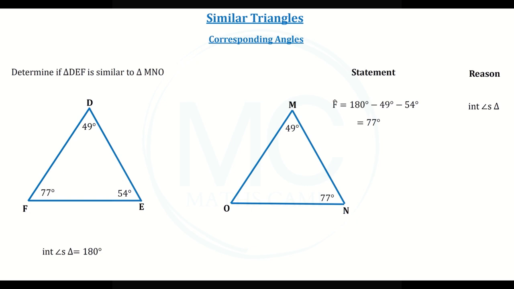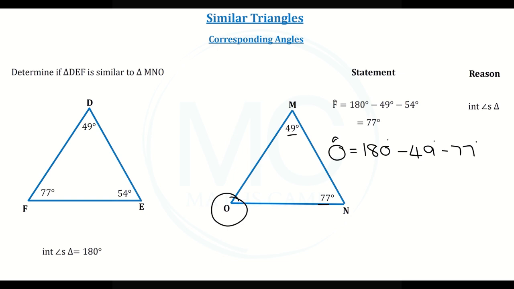Now let's find angle O. In triangle MNO, we have an angle of 49 degrees and an angle of 77 degrees. And we can use this to find angle O. So we can say angle O is equal to 180 degrees minus 49 degrees minus 77 degrees.